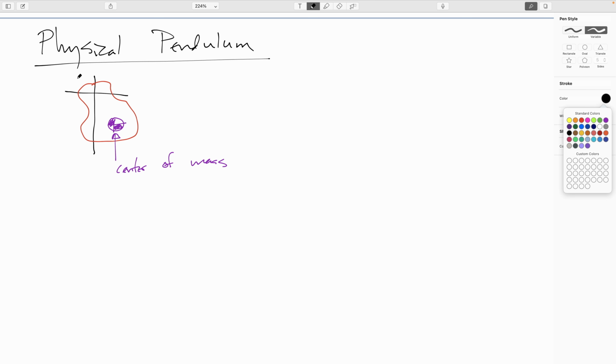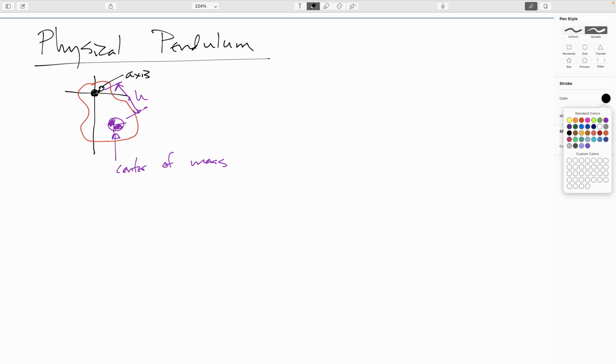And we will say that it is constrained to rotate around this axis right here. Just following the notation that everybody uses, even though it's not a height, pretty much everyone calls the distance from the axis to the center of mass h.